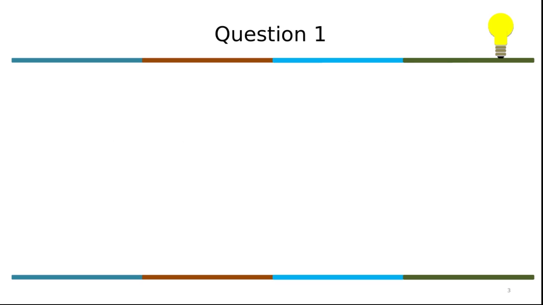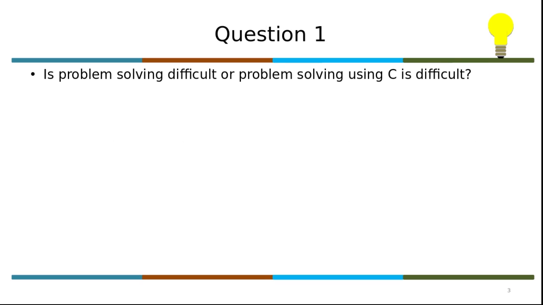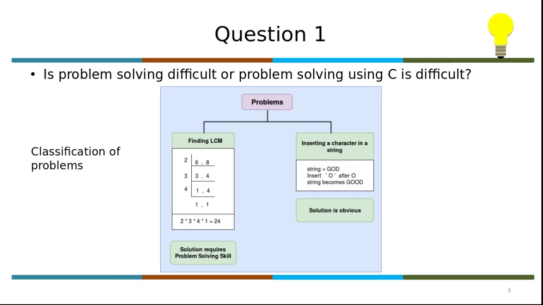First question, is problem solving difficult or problem solving using C difficult? Let us see the classification of the problems. Here we have identified two problems. One is finding the LCM and one is inserting a character in a string, right? So first is finding LCM.